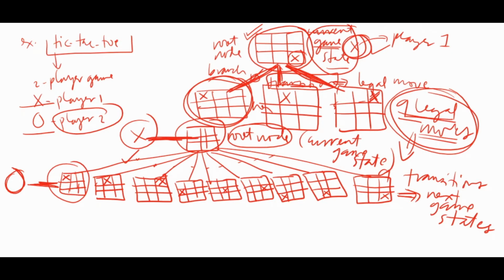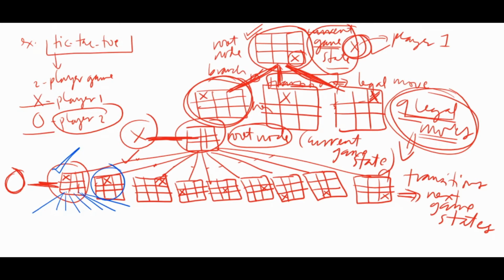So there will be 8 possible legal moves to make, and therefore there will also be 8 possible next game states from this current game state. So we'll have 8 transitions: 1, 2, 3, 4, 5, 6, 7, 8. And this one also will have 8 transitions, right?